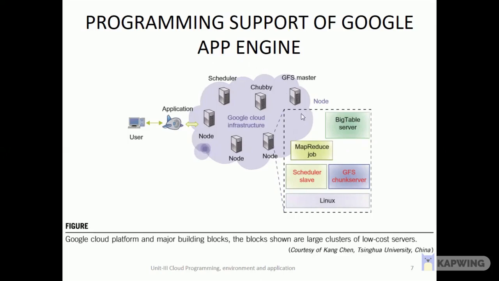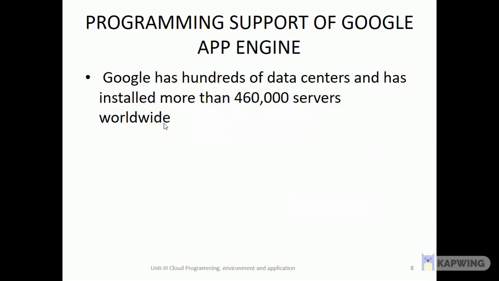So this is App Engine. These schedulers are there for scheduling the application. This is a GFS master server, and this is the GFS chunk server. Programming support of Google App Engine: Google has hundreds of data centers and has installed more than 460,000 servers worldwide.